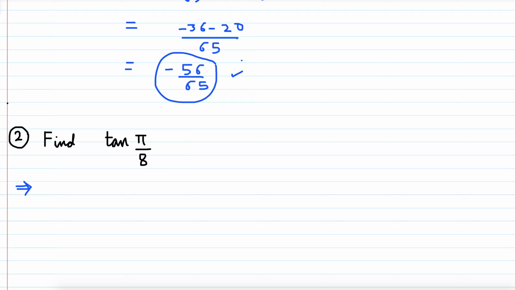So tan pi by 8. So this is equal to, pi by 4 is 45 degrees, pi by 8 is 22.5 degrees. But we only remember the standard values, not every angle. So we need to find out tan pi by 8.